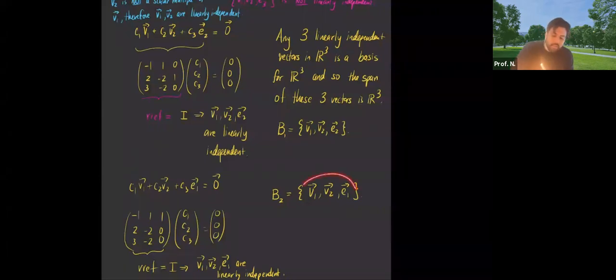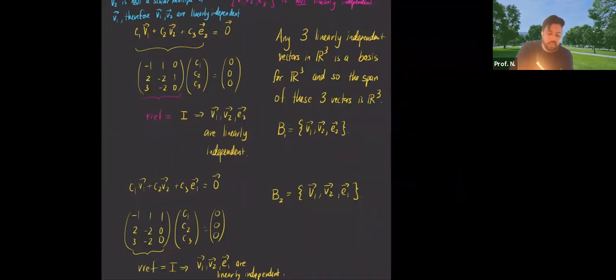Because I have three linearly independent vectors in a vector space that has three dimensions, a dimension of 3, or 3 degrees of freedom. So because I have three linearly independent vectors in a vector space that needs three vectors in the basis, this constitutes immediately a basis.